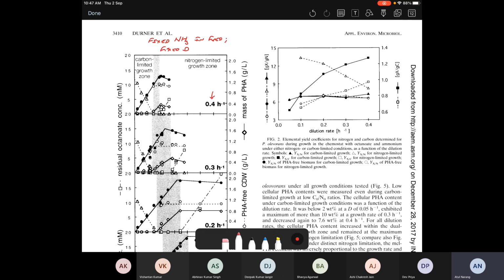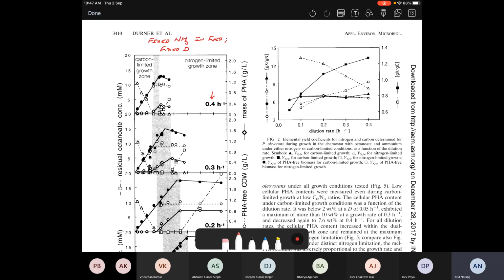I'll give this to you in a very intuitive way. When I am providing a very small amount of carbon in the feed, way to the left, you expect the growth to be carbon limited, because that's what's in shorter supply, provided you have made sure that all the other stuff is in excess.